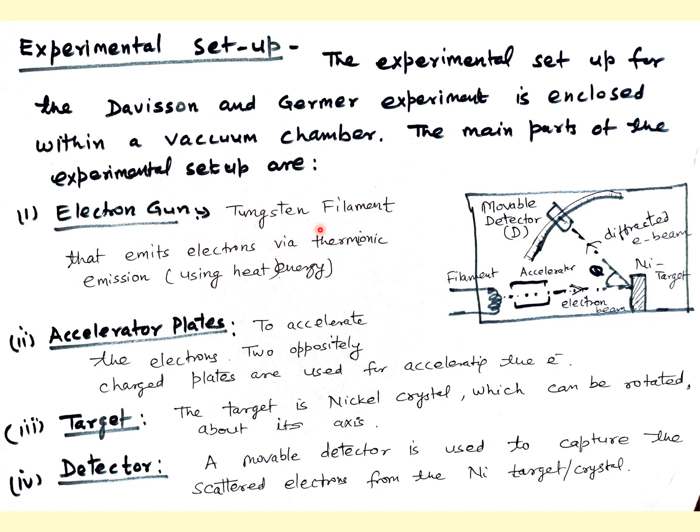When this tungsten filament is heated, electrons are produced due to thermionic emission, and they are accelerated using the accelerating plates towards the crystal, this nickel target, and the target is a nickel crystal which can be rotated.